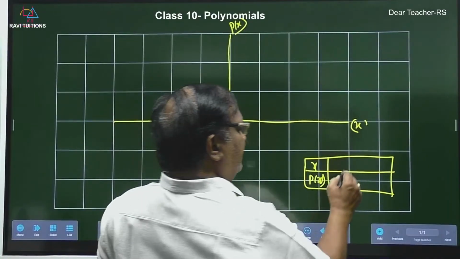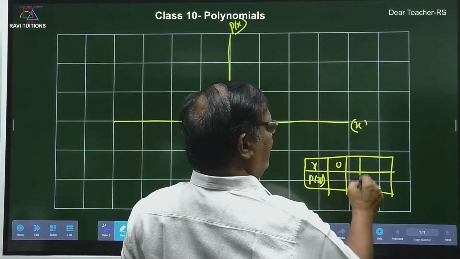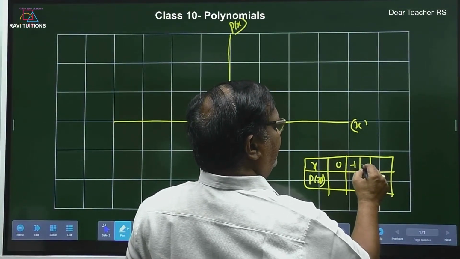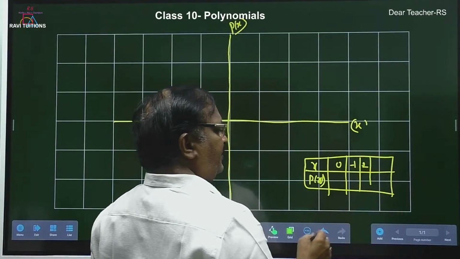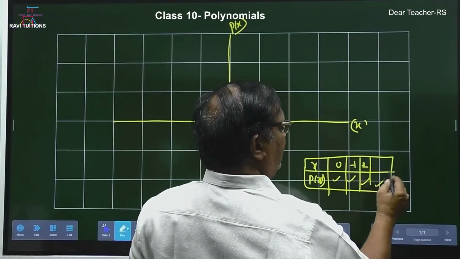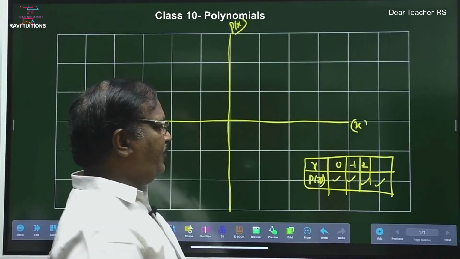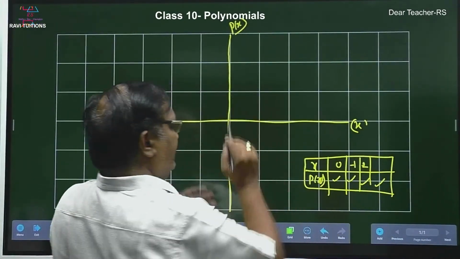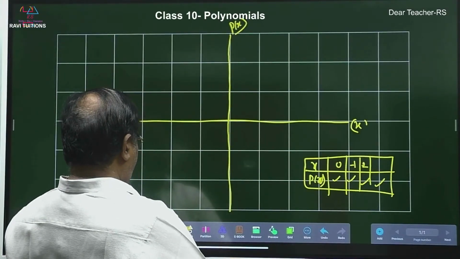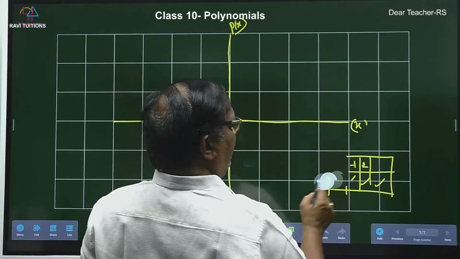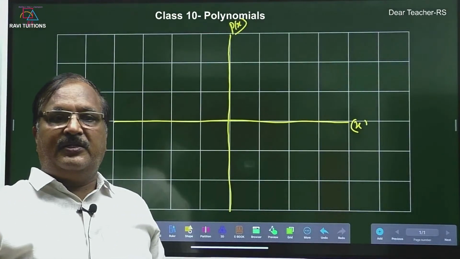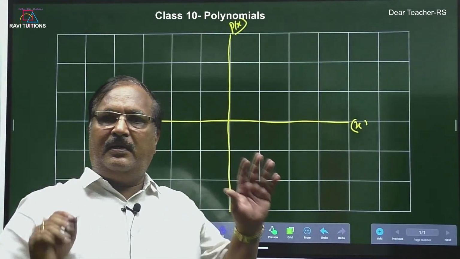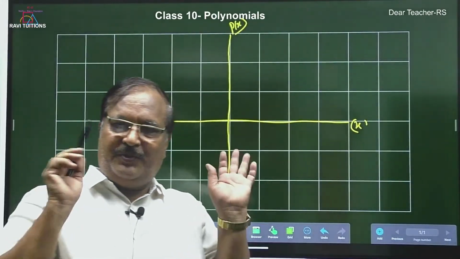So now you give different values: 0, 1 and 2, a minus value, a plus value, like that. Find out these values, then you will get ordered pairs and plot them. This is a very simple thing, and then you will get a graph. Now we don't need to draw the graph, that is removed.